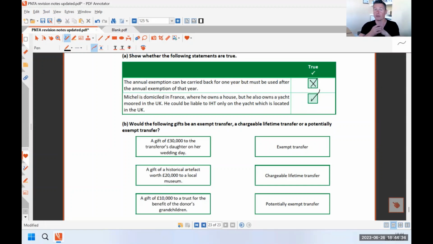It just depends on the country whether there's a tax agreement in place or not, but don't worry about that. Basically, all you need to know is if you are UK domiciled, you pay inheritance tax on all your worldwide assets, whereas if you're not domiciled in the UK, the government will only take inheritance tax on your UK assets, should we say.